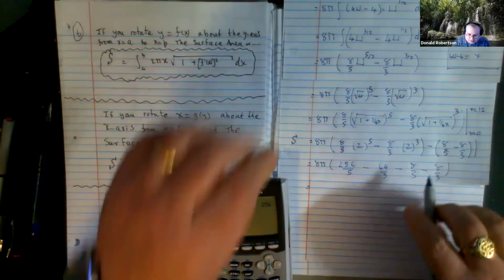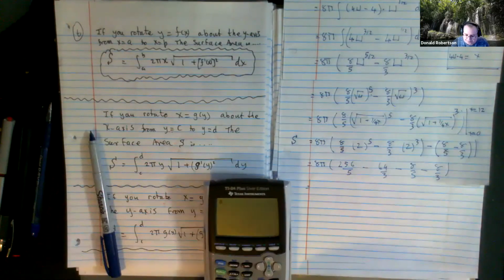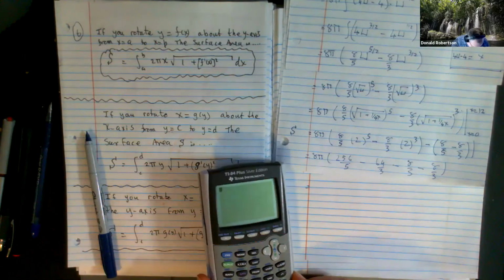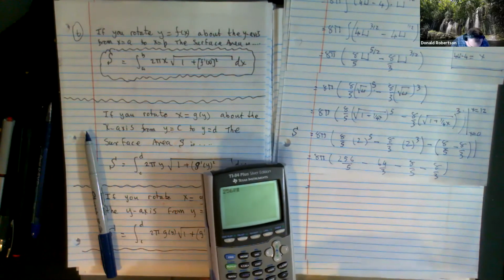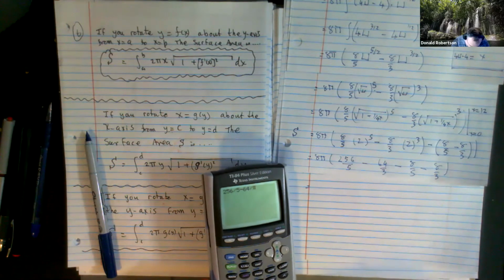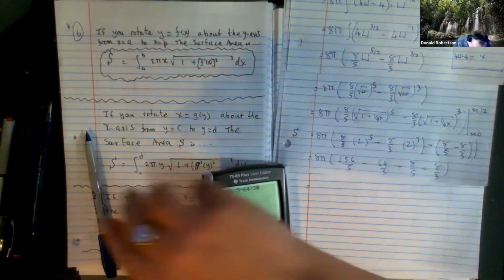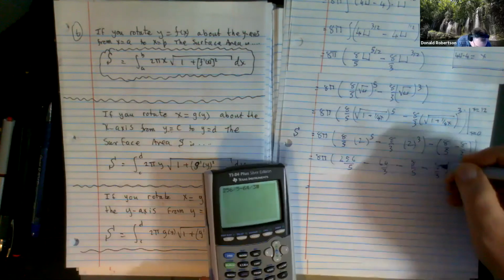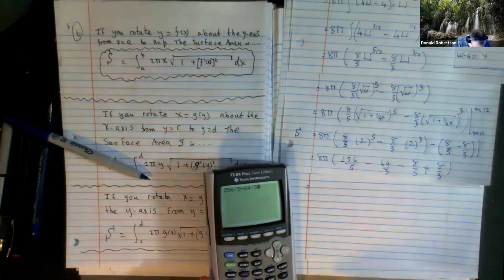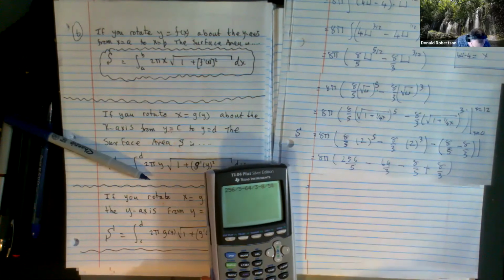Okay, let's see what the calculator does with all that. 256/5. Subtract 64/3. And I caught myself in time. That's not. Take away 8/5. Add 8/3. And then do math.